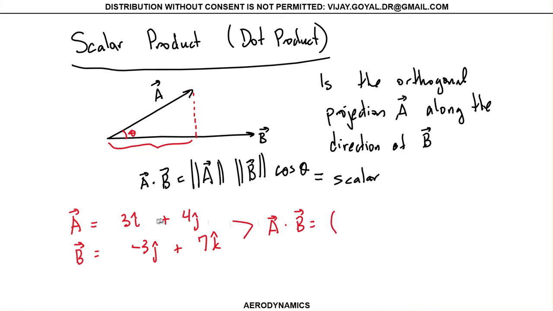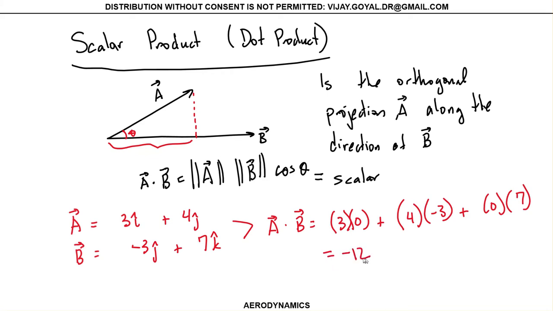So for the i's, this is 3 times 0, I don't have anything here, plus 4 times minus 3, because I have a minus 3 there, plus 0 times 7, because I don't have a k there, and that gives you minus 12. So that is the dot product. That's a scalar, and that is what the dot product tells you.